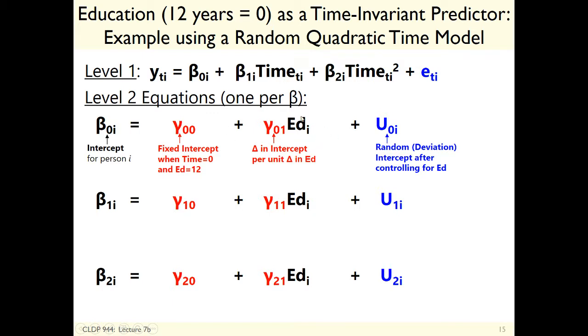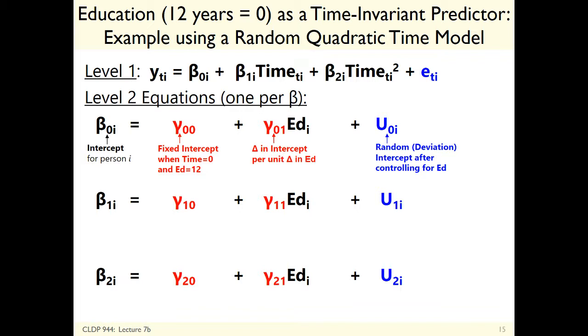All college graduates have the same intercept. U0 then still is the difference between your intercept and the fixed one. It's just now the fixed one predicted by your education level. So it's not how far off you are from average, it's how far off you are from the conditional average given by the predictors.